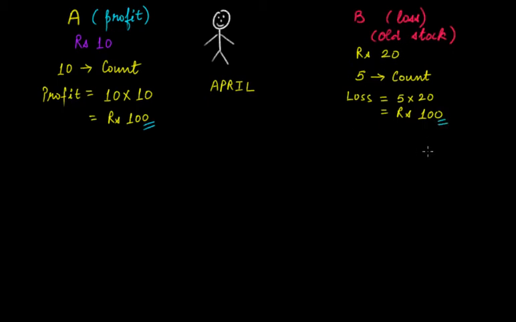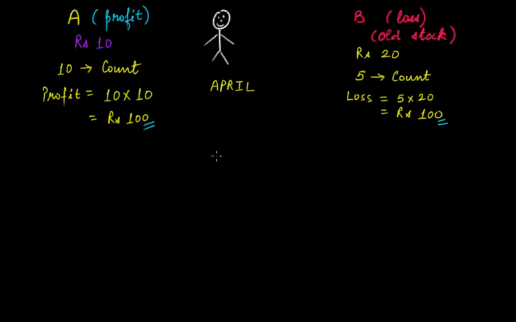So you will say that by the end of this month, in the month of April, you are neither making any net profit nor any loss, because though you were making some profit by selling item A, this profit of rupees 100 is equal to the loss that you are making by selling item B. So there is no net profit, this 100 and this 100 are equal. This is the condition where there is no net profit and no net loss, because the profit that you made from A is equal to the loss that you made because of B.